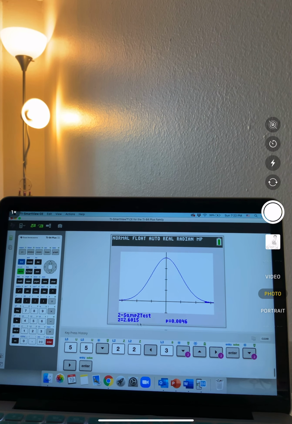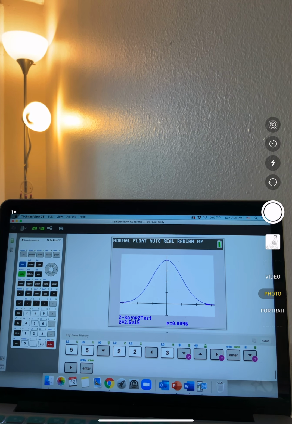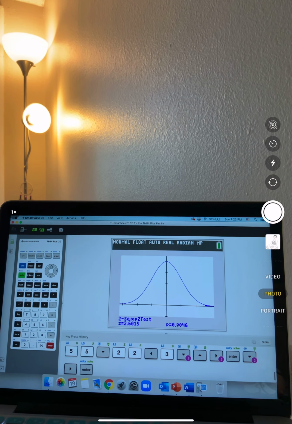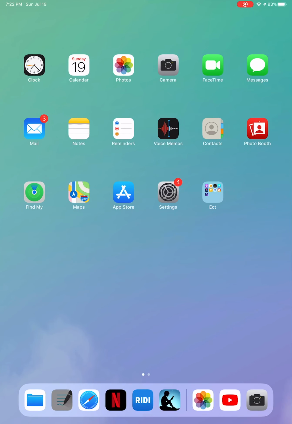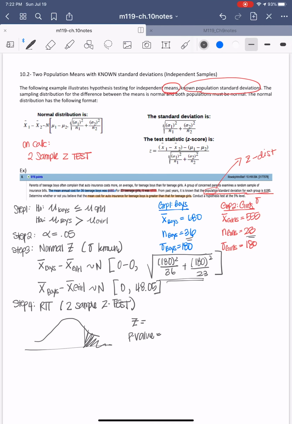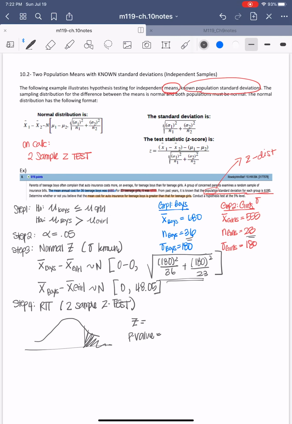And then z value 2.60, rounding to 2 decimal places. P value 0.0046. So step 5, compare the P value with alpha: 0.0046 compared with alpha 0.05.